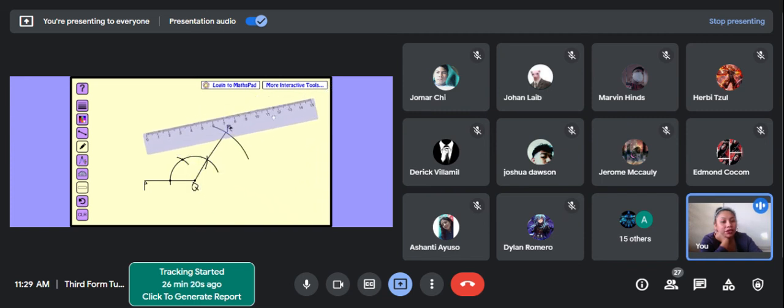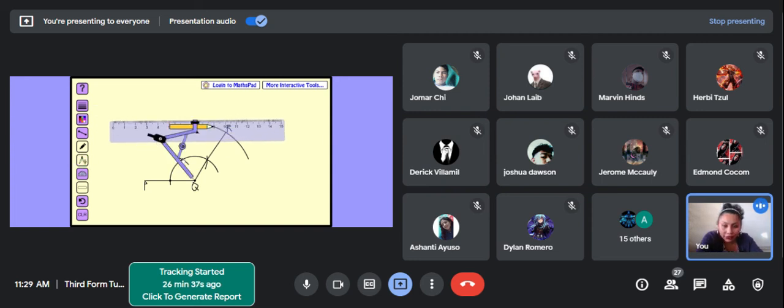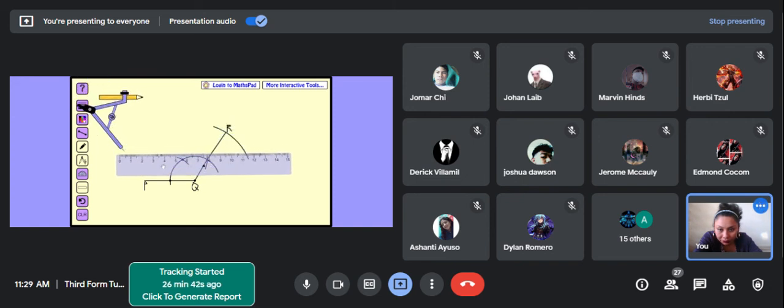Now you're gonna take your ruler, and the question says that PS is equal to 4. PS is equal to 4. So you are going to take your compass, set it right there on your ruler at 0, and measure 4.